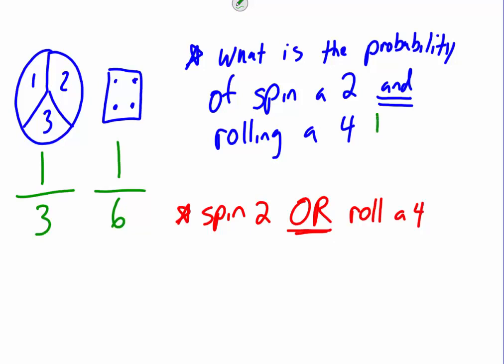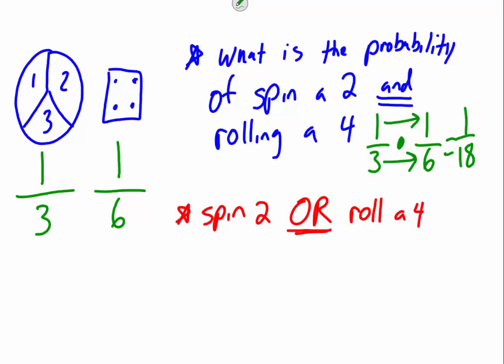So we're going to take that 1/3 and the 1/6, and in the case of an "and," we need to multiply them. If we're multiplying fractions, we're actually making it smaller because we're taking 1/6 of a 1/3. So if somebody says you're going to get 1/6 of 1/3 of a pizza, you're not getting a whole lot. In fact, if we multiply straight across like we do for fractions, we end up with 1/18.